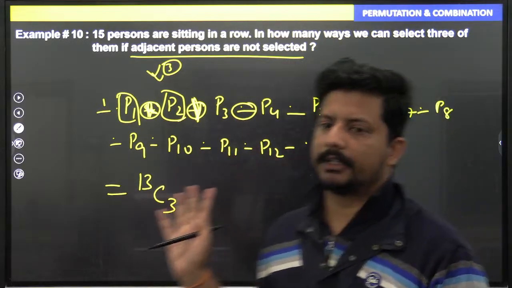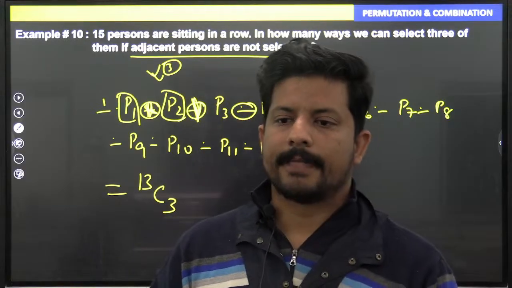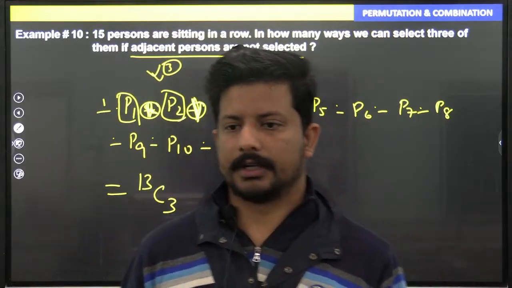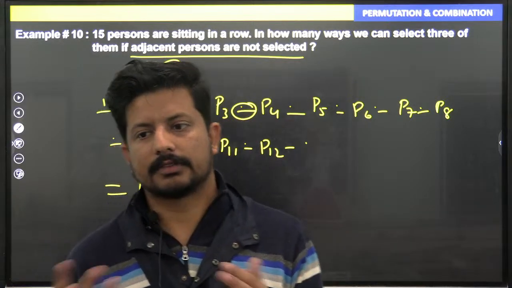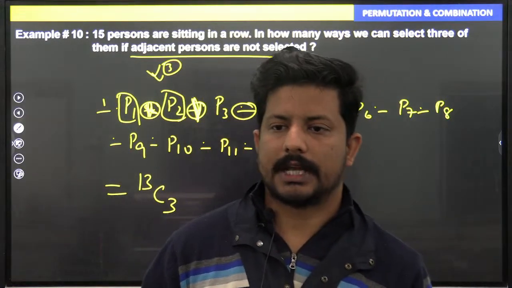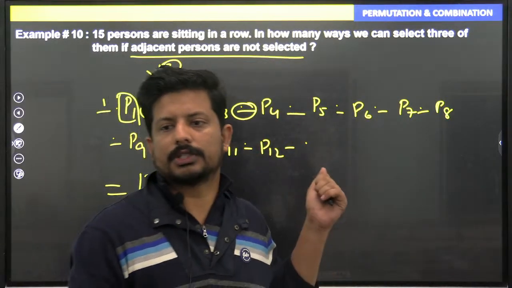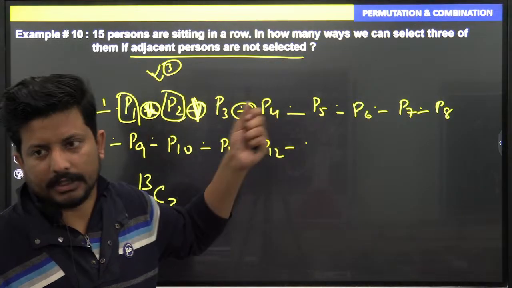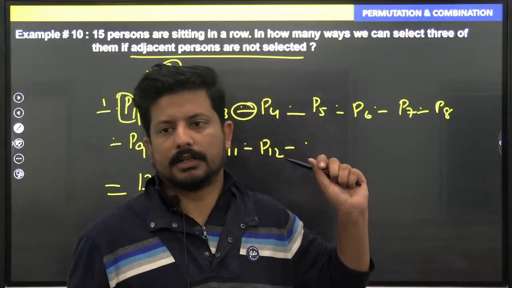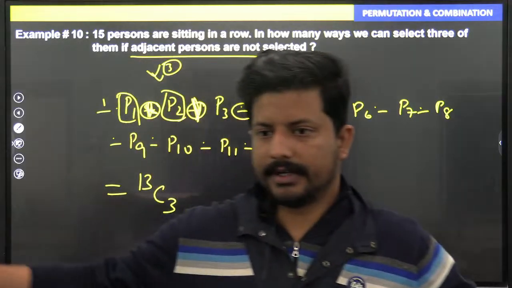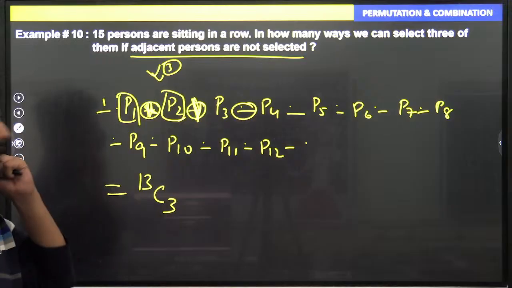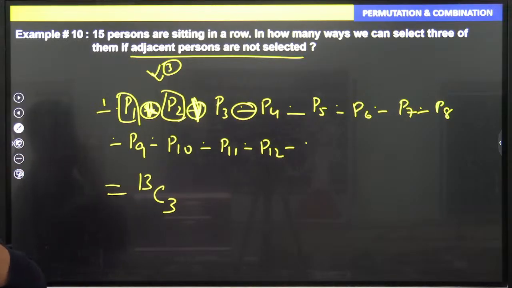This is called the gap method. And if they say to combine them, then you need to use the box method. You can put them in a box and then solve the problem. If they say separate them, use the gap method. Here the problem is about gaps, meaning they are not adjacent, so they are separate, and we need to use the gap method. So here it is 13C3. Hope you are getting my points.